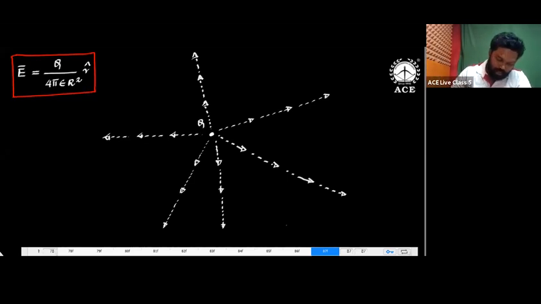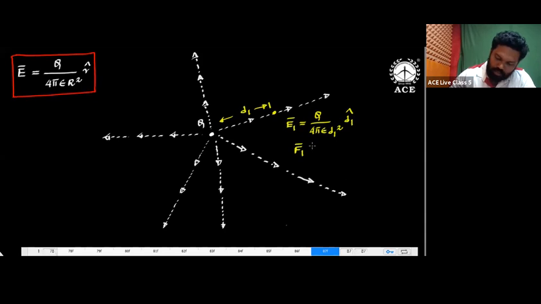Suppose I want to find the field at a certain point here, at a distance of d1. What is the electric field at a distance of d1? E1 is equal to q by 4 pi epsilon d1 square into d1 cap.